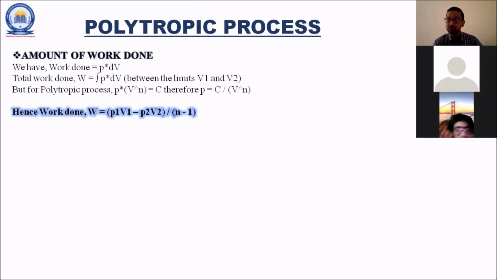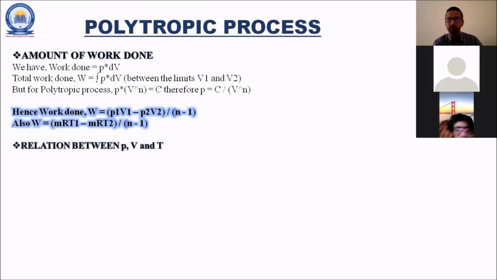So doing the same procedure as we have done in the adiabatic process, only substituting N in place of gamma, we are getting the answer of work done, that is W is equal to P1V1 minus P2V2 upon N minus 1. Also we can write down that W is equal to mRT1 minus mRT2 upon N minus 1. Relationship between pressure, volume, temperature, standard equation, PV raised to N is equal to constant. So P1V1 raised to N is equal to P2V2 raised to N.